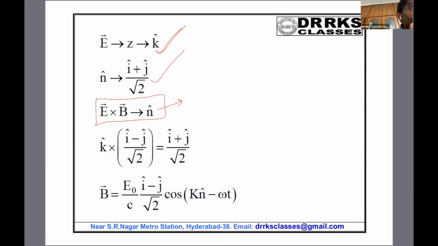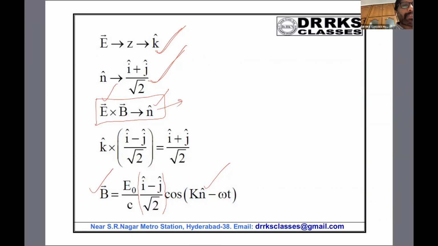I know E, I know n. Find B. From that, I will get B, which is i cap minus j cap by root 2. Of course, n cap, the direction of propagation, is already known. We are applying the same concept, that E cross B is the direction of propagation.